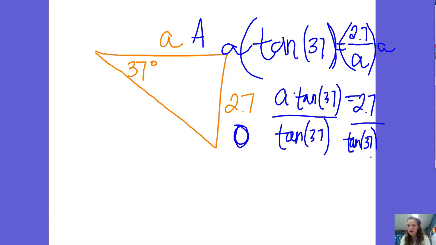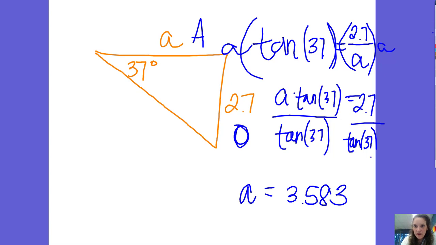And so now I'm going to do 2.7 divided by tangent of 37, and I get A is 3.583. Make sure you're in degree mode or else you're going to get wackadoodle answers.